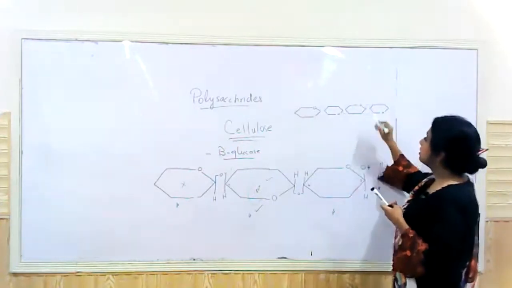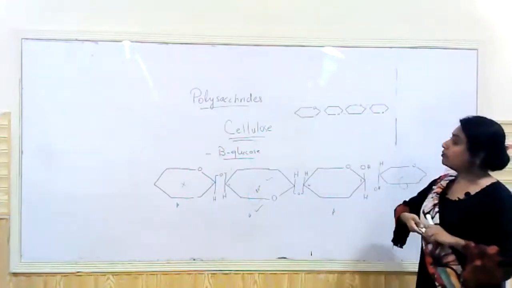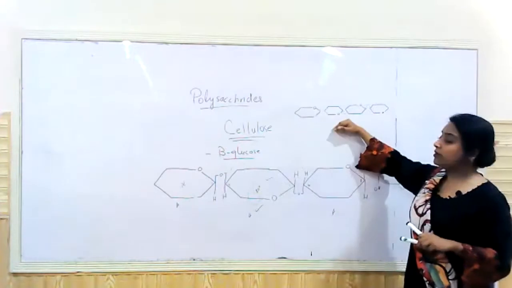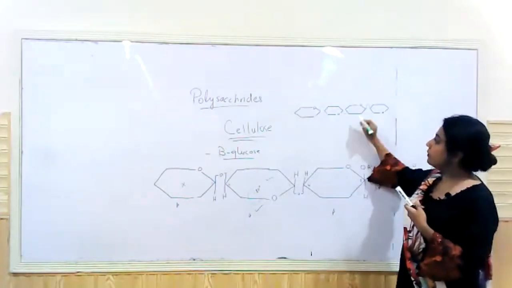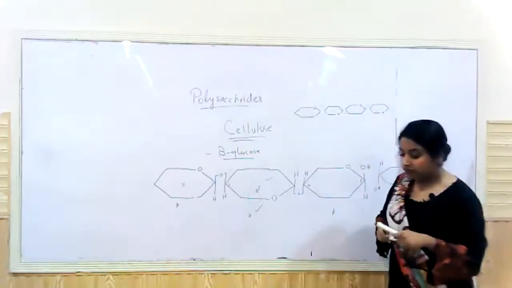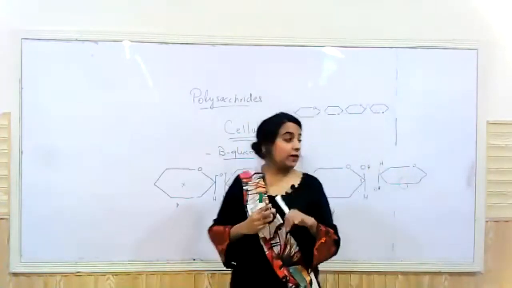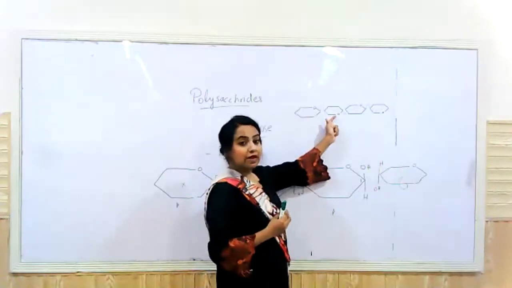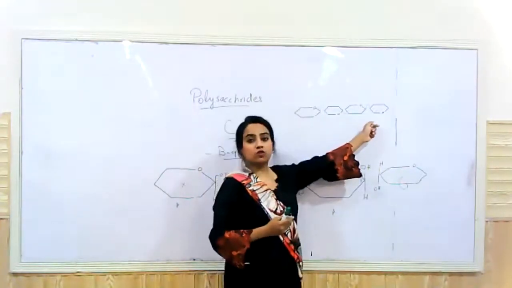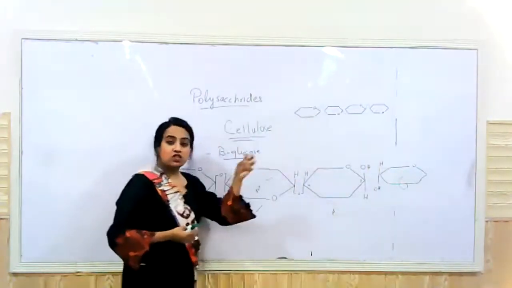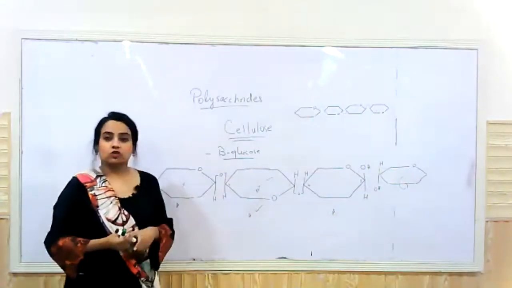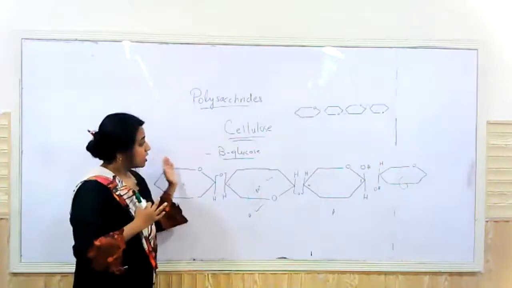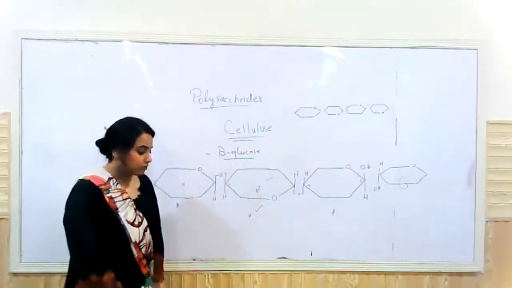So this is what the molecule looks like. One bond above the plane, the other bond below the plane, then the other bond above the plane. So this one would flip and this one would flip. So every second molecule flips when the oxygen is facing downwards. That means that molecule has flipped, right? Changed its position, rotated at 180 degrees for the bond formation to take place. So this is how the cellulose molecule is formed.